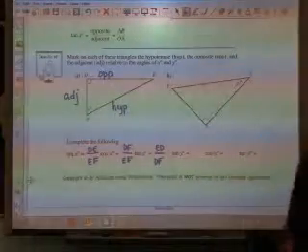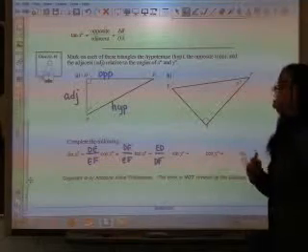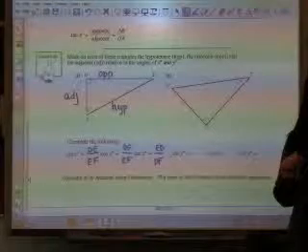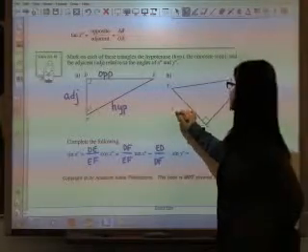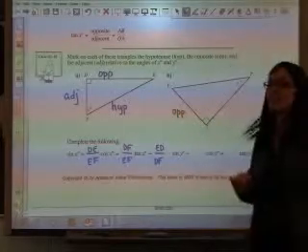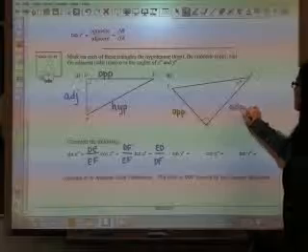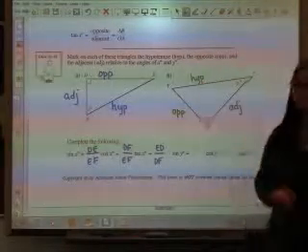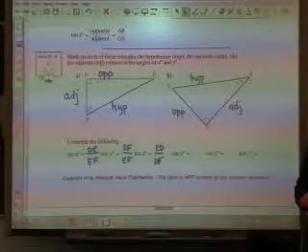Okay, so let's look at the second one. In relation to angle Y, which one of these three sides is the opposite side? VS. Which one is the adjacent? And then the third one left over would be the hypotenuse. Hypotenuse is always across from the 90-degree angle.